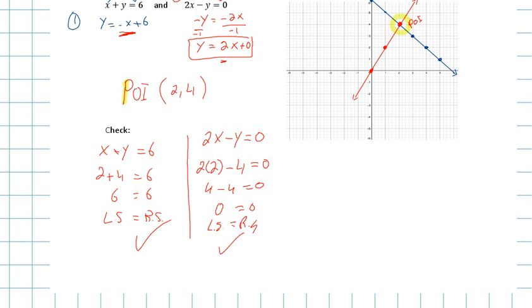So since the left side equals right side, the solution to the system is (2, 4).